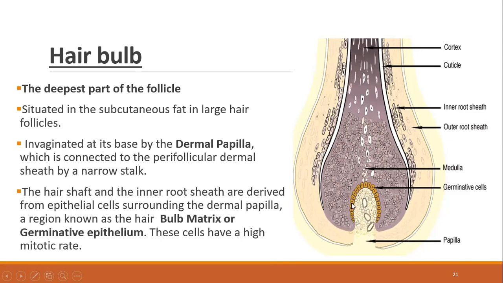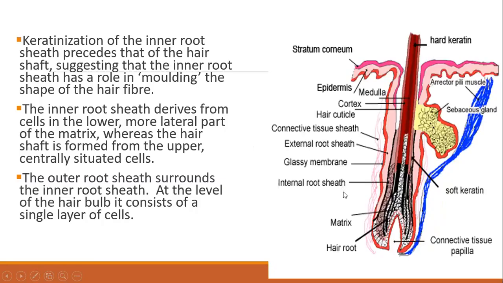This is the portion from where the cells are produced that later form the inner root sheath and the hair shaft. These cells have a high mitotic rate. So the inner root sheath and the hair shaft are formed by this single layer of rapidly multiplying germinative cells, also known as the bulb matrix.